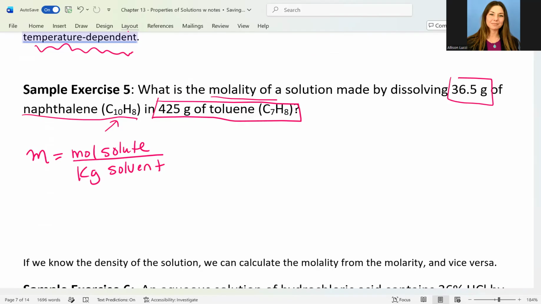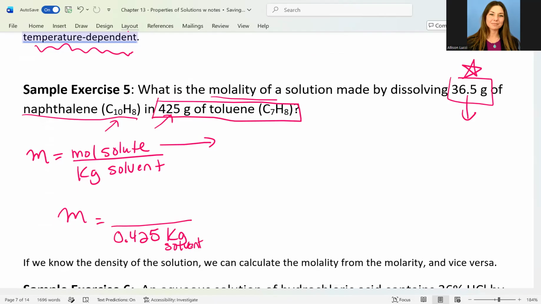That is easy, whatever is present in a lesser amount, so the 36.5 grams. That's going to be our solute. So we have to convert grams to moles. And then kilograms of solvent will be on our denominator. I can convert that quickly. If I have grams here of toluene, and I know that that's going to be my solvent, I can divide by 1,000, and that gives me kilograms. So this is my solvent down here, already solved for.